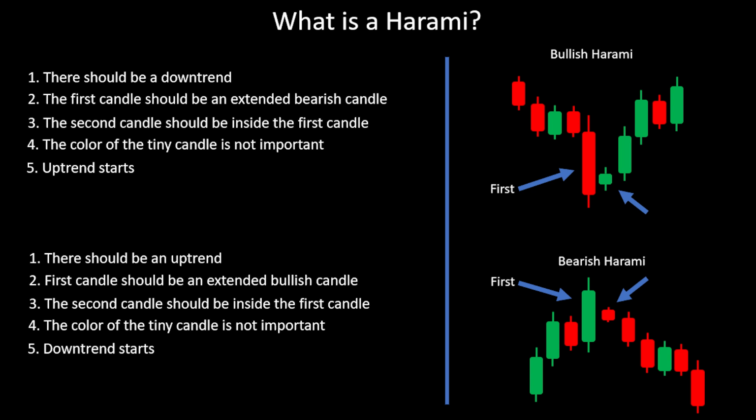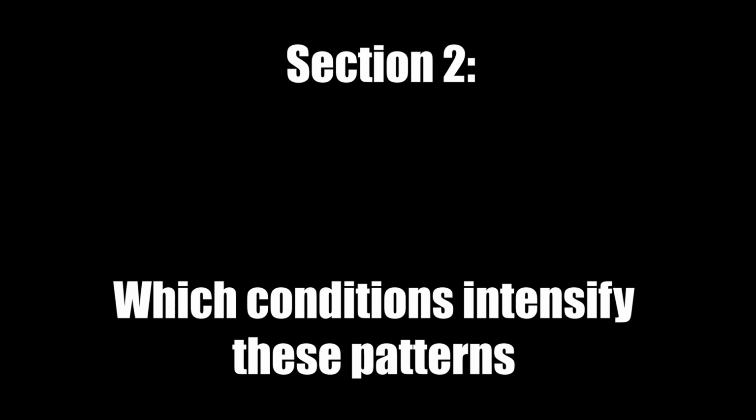This pattern shows indecision in the market, so the market trend will likely change afterward. We have the completely opposite situation for a bearish harami. Now let's move on to the next section and talk about what conditions can intensify these patterns.